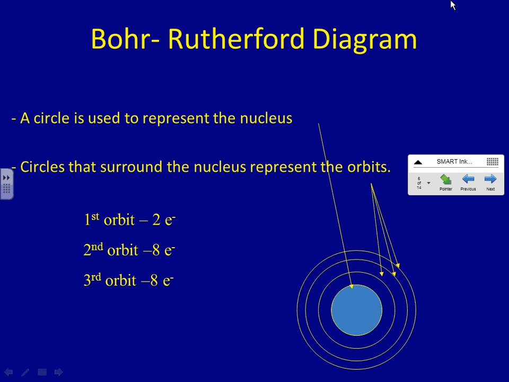How far is the third orbit going to be? R3 is going to be K times 3 squared. How far away is the third orbit? Yep, 9K. It's 9 times farther away from the nucleus. If I were to actually try to draw a representation of that, if this was the nucleus, and that was 1K, then the second one has to be 1, 2, 3, 4.